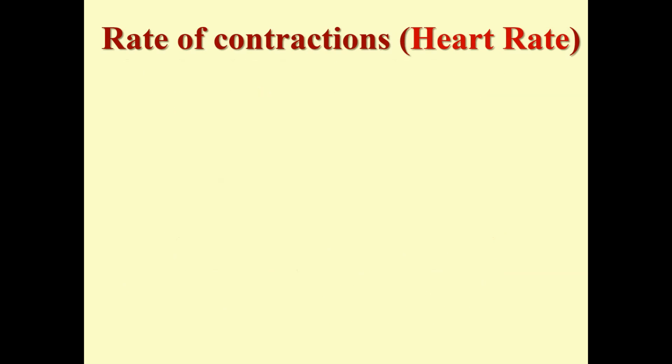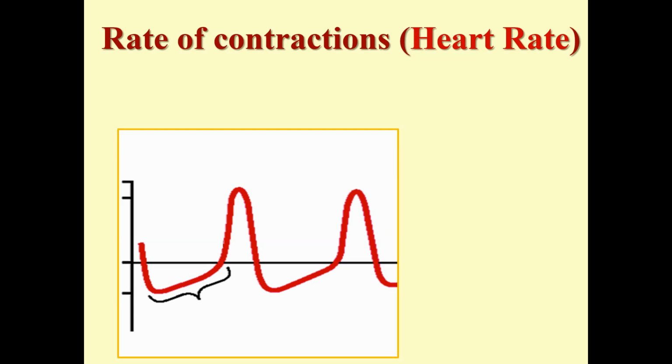And let's first observe the influence on the rate of contractions. It's a different mechanism, not entirely different, but at least different target cells, for regulation of the rate and for regulation of the force of contractions. To regulate the heart rate, remember which cells we should influence.